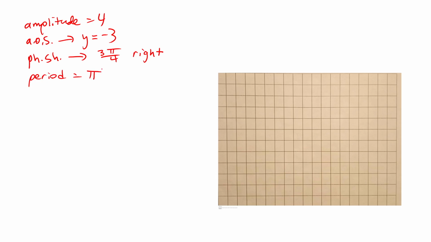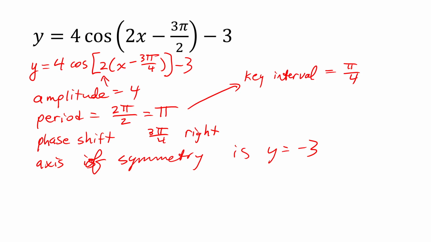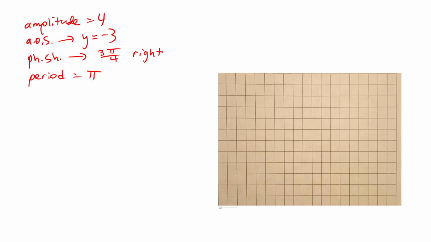And it's important now to ask ourselves what our parent function is, and our parent function here is positive cos, and that's because the original question has a positive coefficient in front of the cos sign. Okay, so going back here, this is what we have.